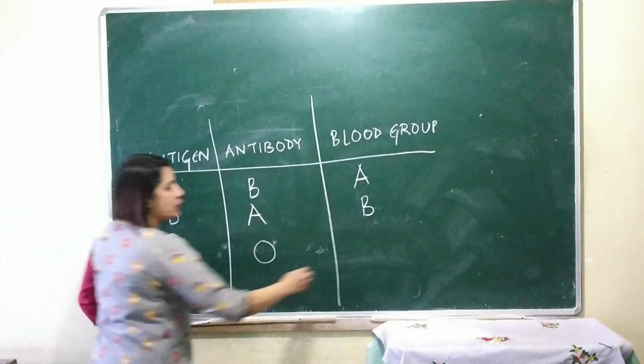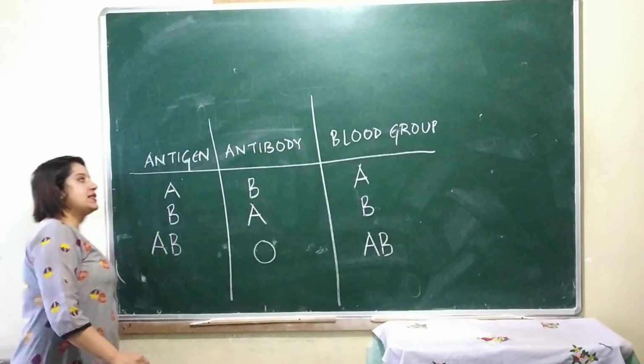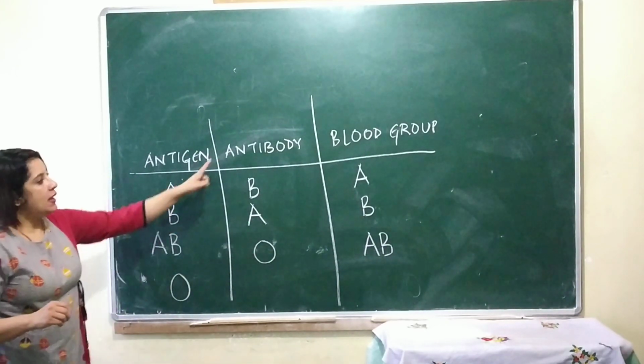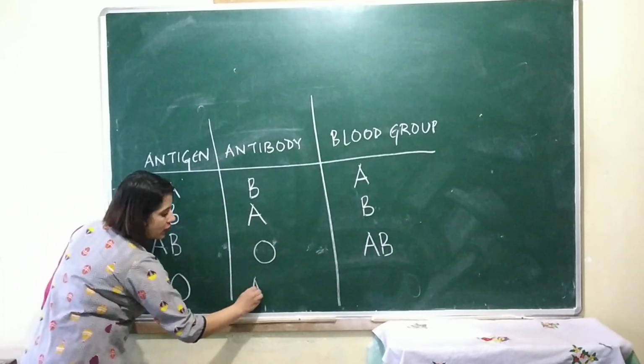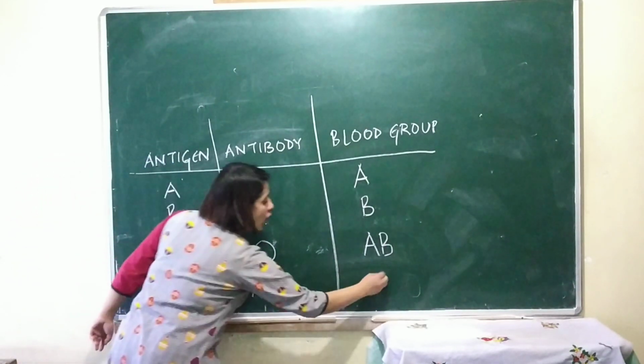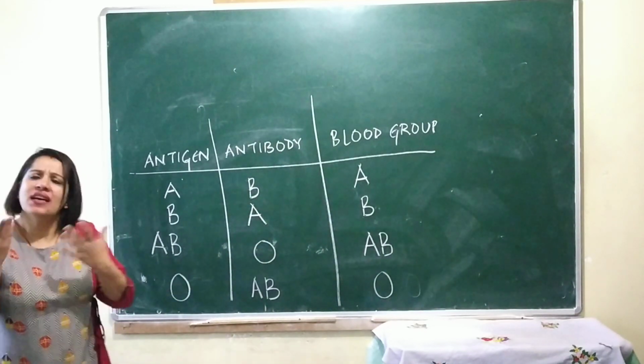Your blood group will be AB. In some cases, no antigen is present. Antibody present will be A and B, and your blood group will be O. Here O means 0.